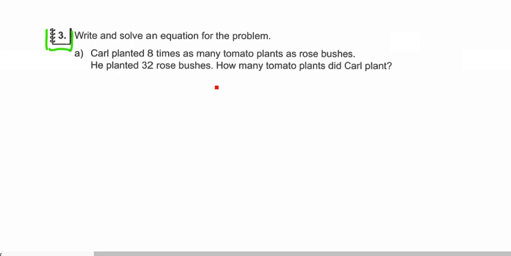Well, which one is the bigger value? Is it tomato plants or rose bushes? It says 8 times as many tomato plants. So tomato plants is the larger one and rose bushes is the smaller one. So I'm going to use T for tomato plants and R for rose bushes.